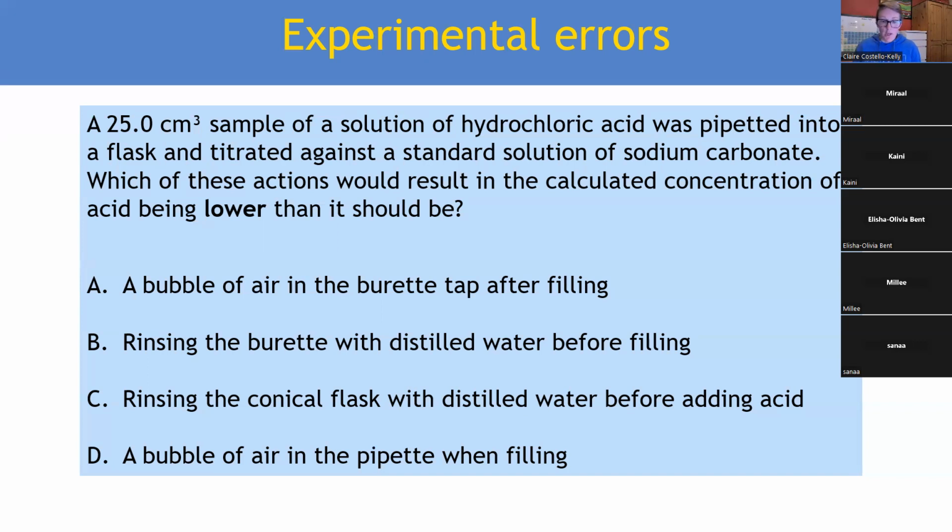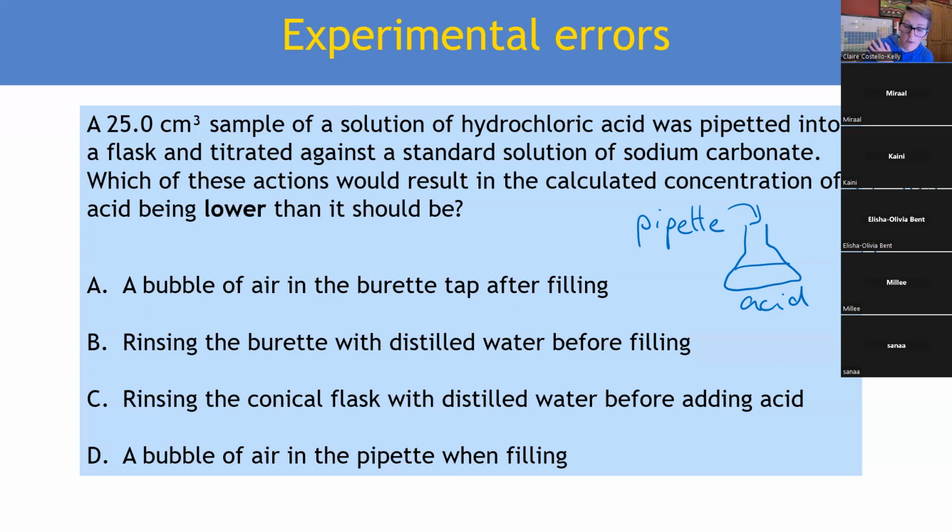So if I'm doing a titration, then, okay, acid's in the flask. That's quite important. So acid goes in the flask, and the acid went in the flask from a volumetric pipette. That's what we normally do in a titration. And then the alkali, sodium carbonate, is in the burette. I can draw those, I can't draw that.